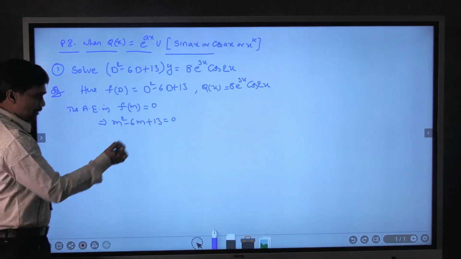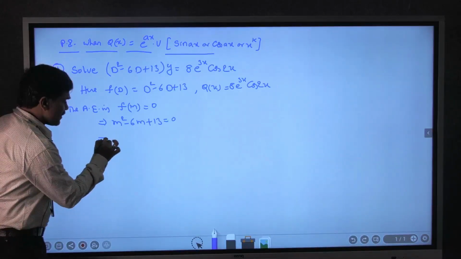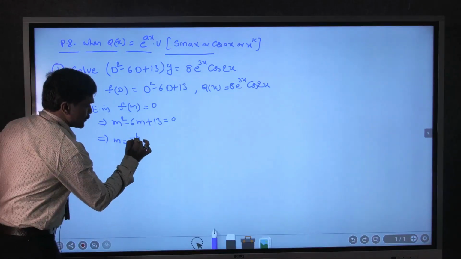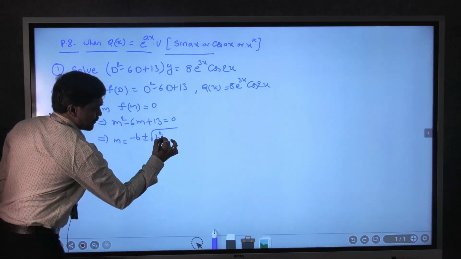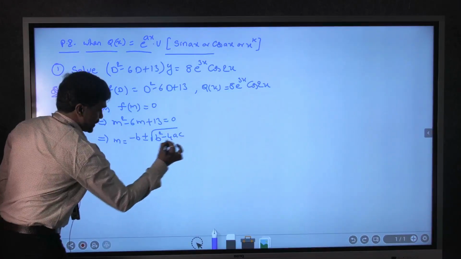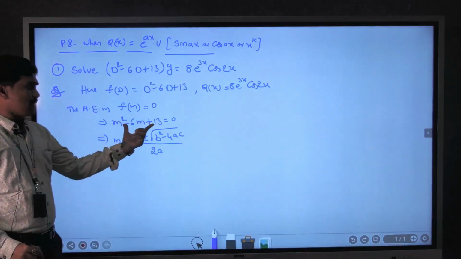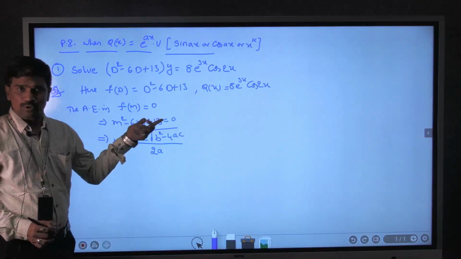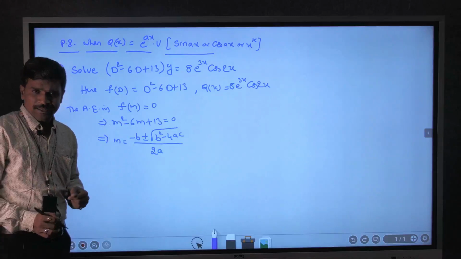Right? Now to find the roots of this equation, m is equal to minus b plus or minus square root of b square minus 4ac by 2a. Now compare this equation with ax square plus bx plus c is equal to 0. Then what is a here? a is 1, b is minus 6 and c is 13.